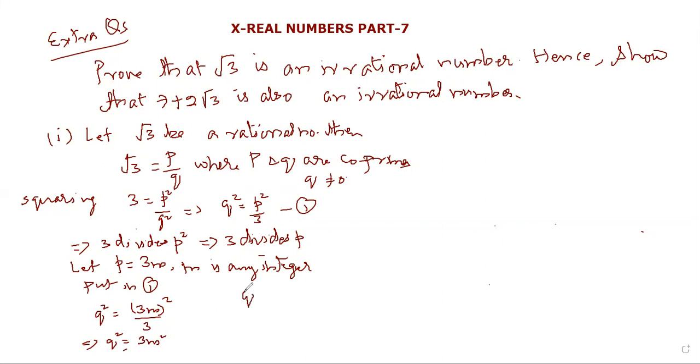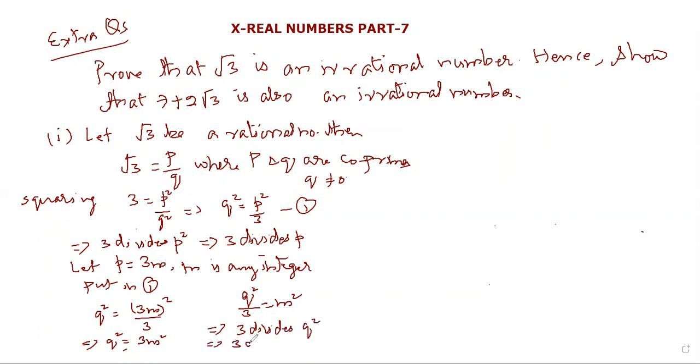So we can write Q square upon 3 is equal to m square, which shows that 3 divides Q square.